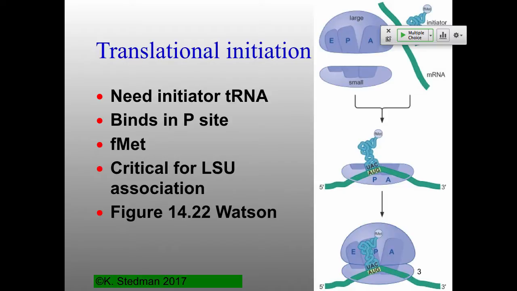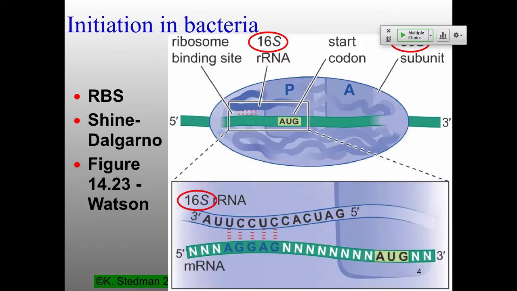So getting this assembly of the initiator tRNA bound to the start codon and getting the 2 ribosomal subunits together, that's what you have to have in order to really start your translation process. So getting the initiator tRNA to your AUG, getting the small and the large subunits to associate with each other. Now this is where the differences come in between bacteria and eukaryotic initiation.